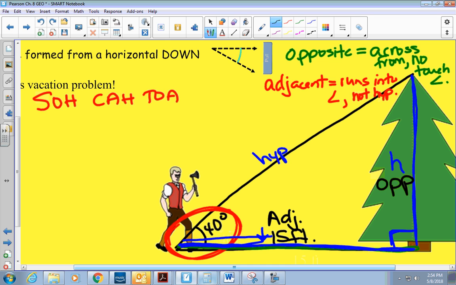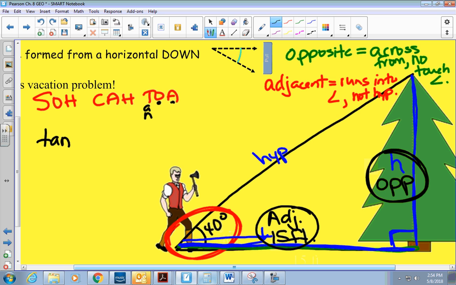So we have information about the adjacent side, and we want to know the opposite side. Adjacent and opposite. Jenna, which trig function has A for adjacent and O for opposite? TOA. It has A for adjacent and O for opposite. So we're going to use tan.